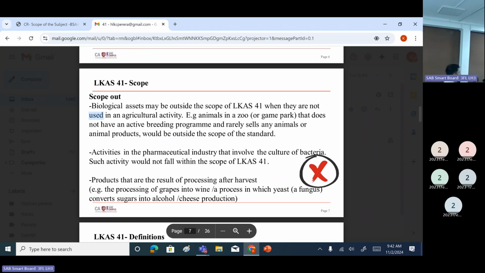We can't scope it in, so we are going to scope it out. Keep in mind, it's not a biological asset. We are discussing biological assets here. Yes, an elephant in a zoo is kind of PP&E maybe. It can be a machine, so we need to treat it as a machine, right?